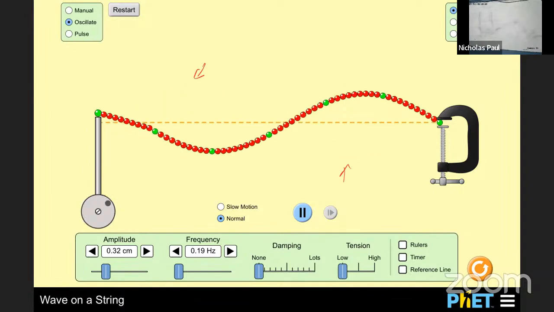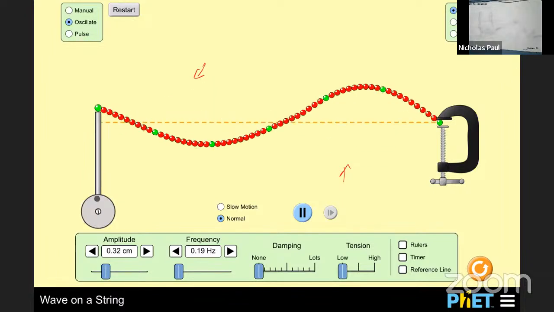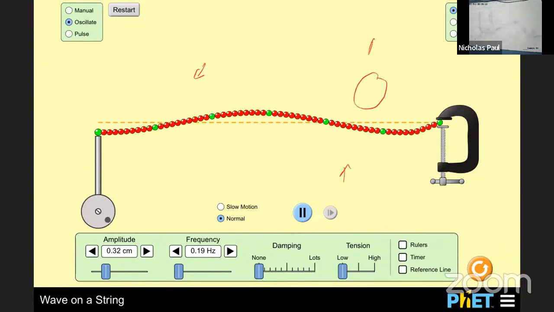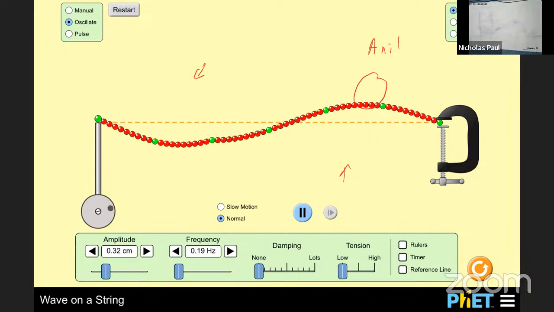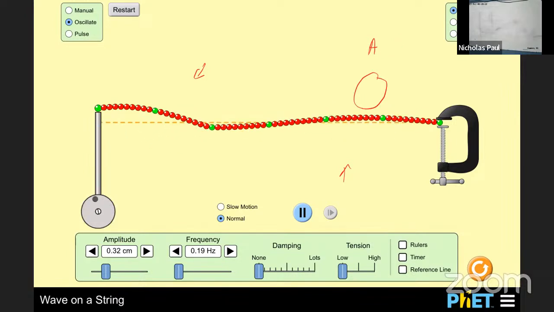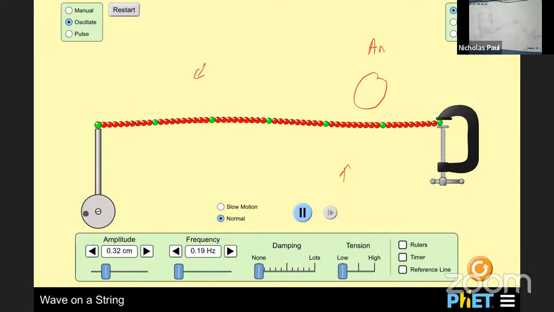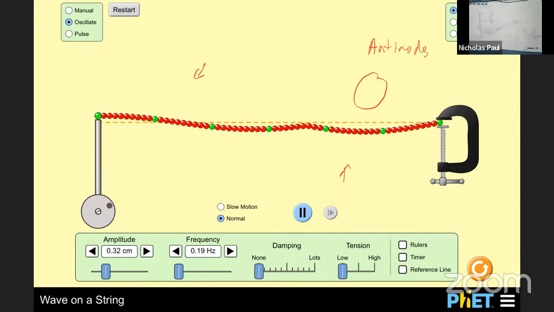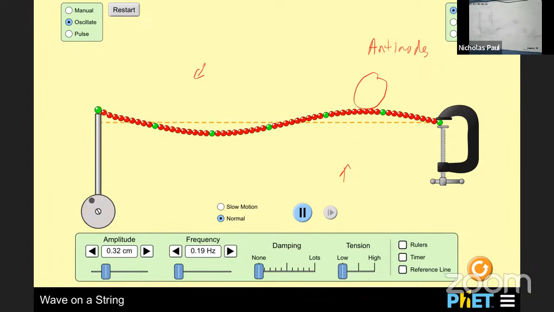You all see enough? See those points here? It's moving a little bit, but those points of maximum displacement are called antinodes. And the points in the middle where there's barely any displacement are called nodes.